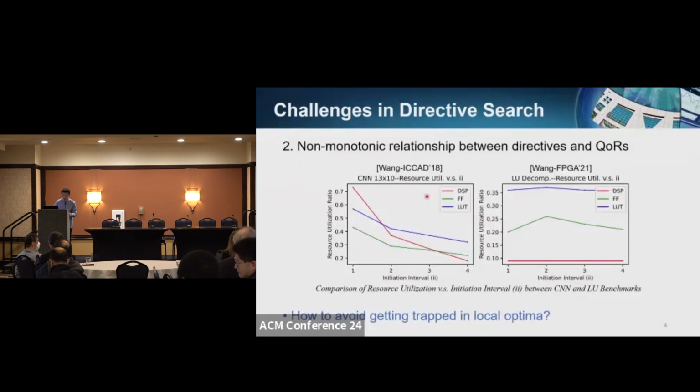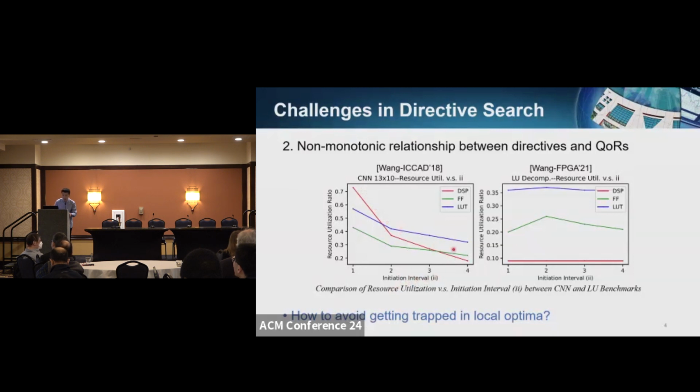Second, the directive design space is non-monotonic. In this example, we compare the trend of resources as the pipeline initiation interval changes. As II increases, resource decreases for this CNN design because its computation instances are shared among multiple cycles, so resource sharing.